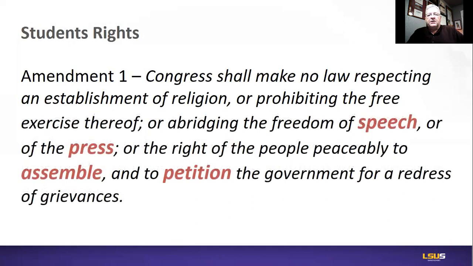So this week let's look at these. There's really four. There's two big ones, and then there's four in total as part of First Amendment rights that students enjoy. So you can see these. It's freedom of speech, freedom of press, freedom for people to assemble, and then to petition the government. You can see those here.